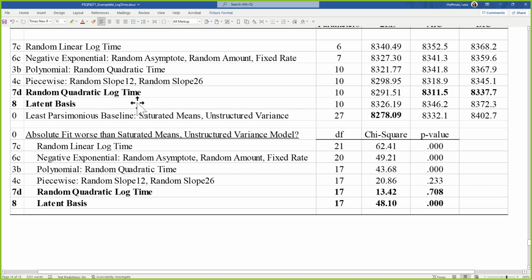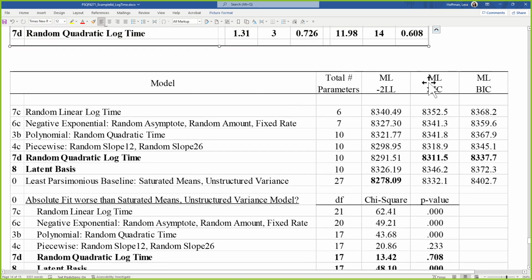And again, I think the reason is that latent basis is reducing random slopes into one kind, whereas all the other models that fit adequately have 2 kinds. So there's 2 different ways that people are changing is sort of the common denominator of what seems to fit across these models. But these are all re-estimated using maximum likelihood so that they're all comparable across either means, variances, or both.